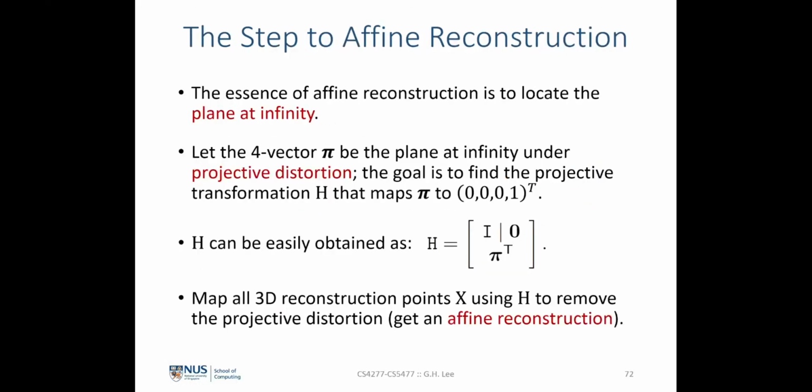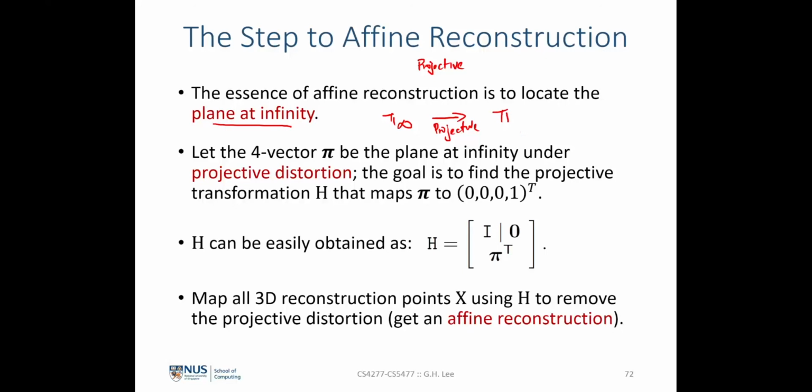The first step to stratified reconstruction is to do affine reconstruction. In this particular step, we'll remove the projective ambiguity. So the essence of the affine reconstruction is to first locate the plane at infinity. The idea here is very simple, because under projective transformation, a plane at infinity can get mapped onto a plane at a finite coordinate.